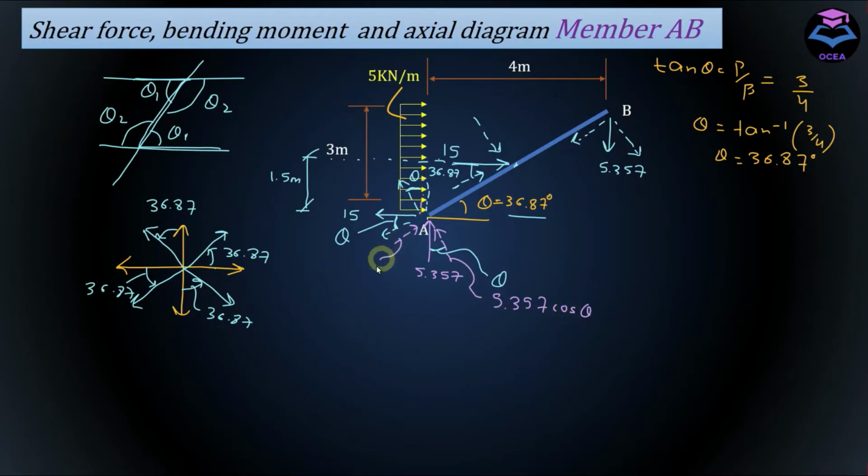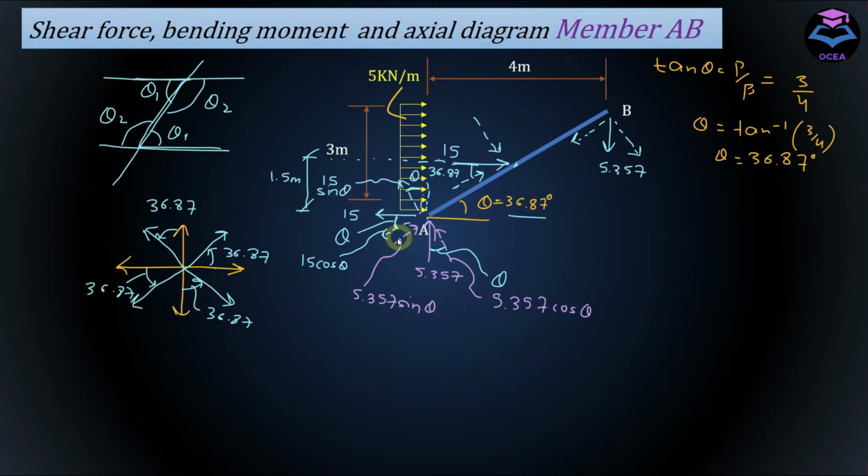And this component here will be equal to 5.357 sin theta. Note that theta here is equal to 36.87 degrees. Similarly, this component here is equal to 15 cos theta, and this component here will be 15 sin theta.